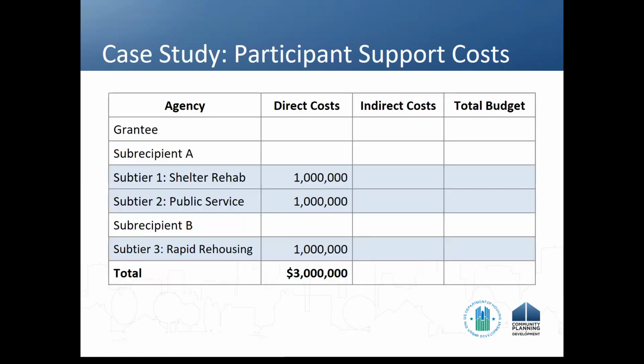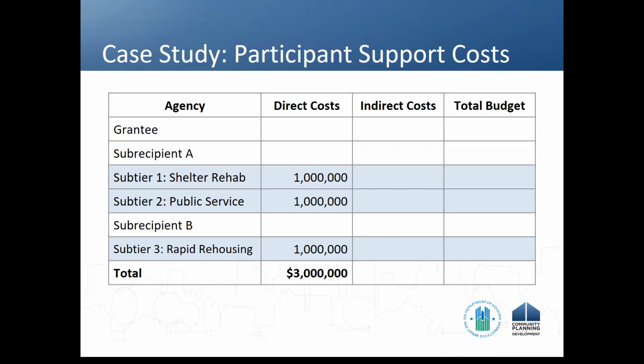Okay, so the next few slides are going to show the effects of the improper application of the 10% de minimis indirect cost method. As we saw on the graphic on the prior slide, our example has one grantee that awarded ESG-CV funds to 2 subrecipients.